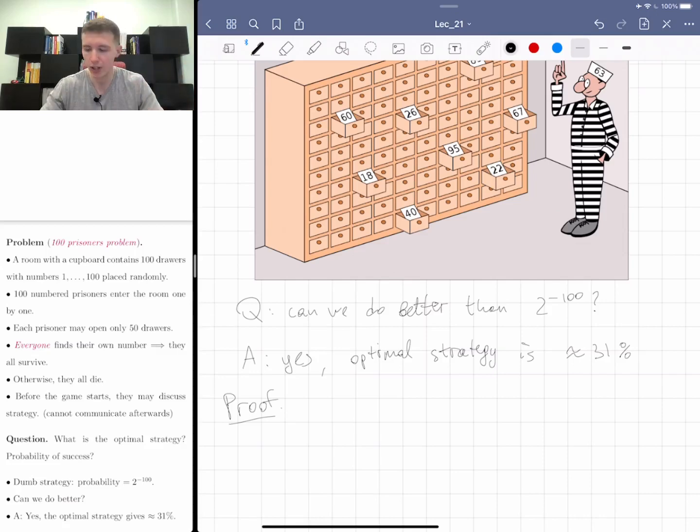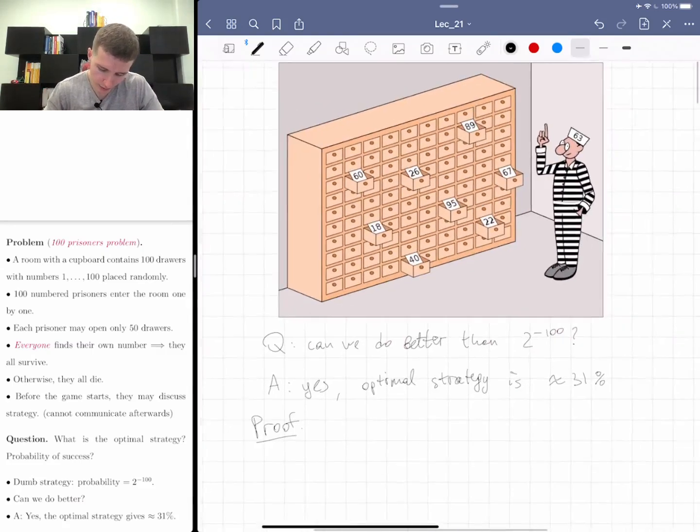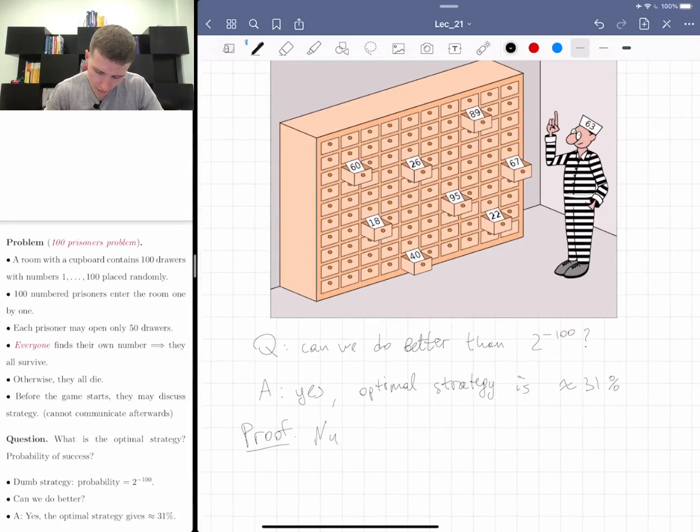There is no communication, no information is passed between the different prisoners. So what they should do before the game starts is discuss a numbering of the drawers, just kind of left to right and bottom. So the first step is to number the drawers from 1 up to 100.